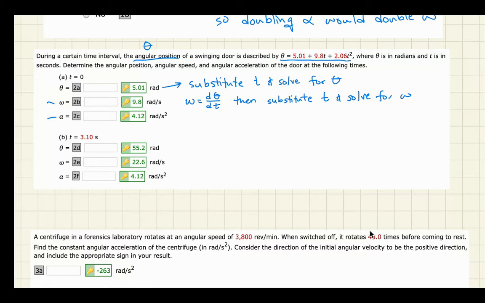And then lastly, for alpha, we would say alpha is the derivative of omega with respect to time. These are the same relationships from our translational or linear kinematics, right? Velocity is the derivative of position and acceleration is the derivative of velocity. Same stuff, just applying it to the angular context here. Then substitute and solve.